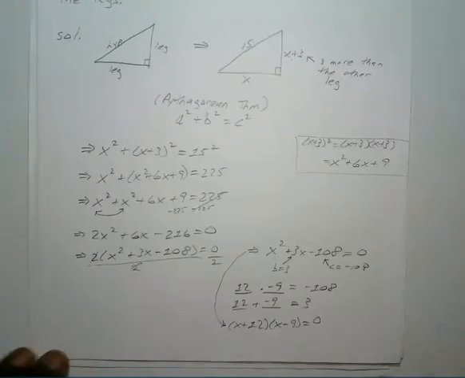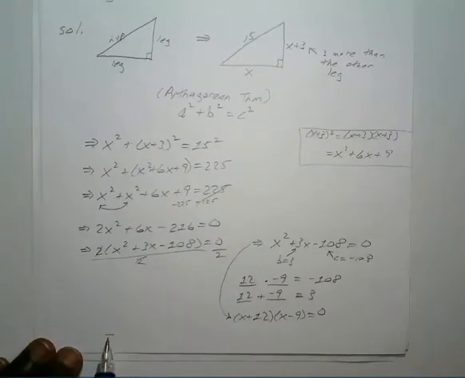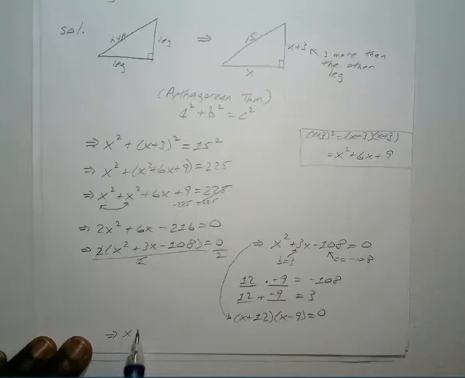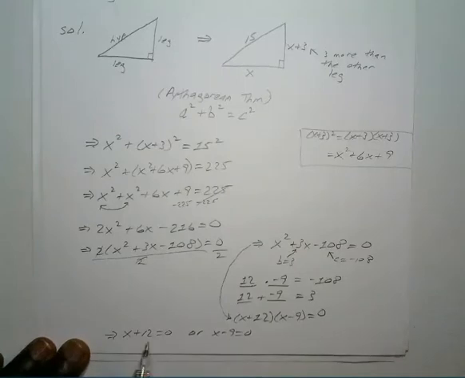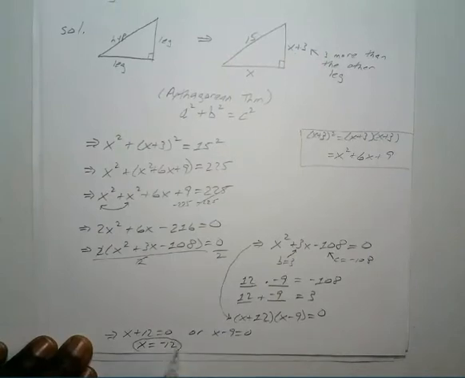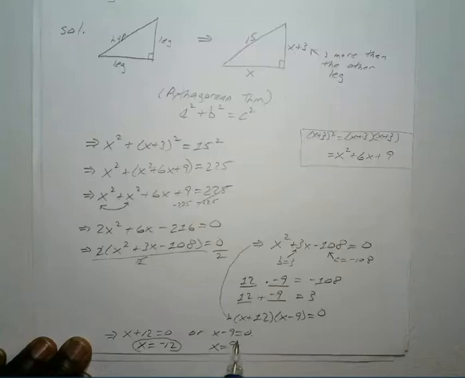Well, move this over a little bit since we're running out of space. So we have x plus 12 equals 0, or x minus 9 equals 0. Subtract 12 from both sides: x equals negative 12. Add 9 to both sides: you have x equals 9.